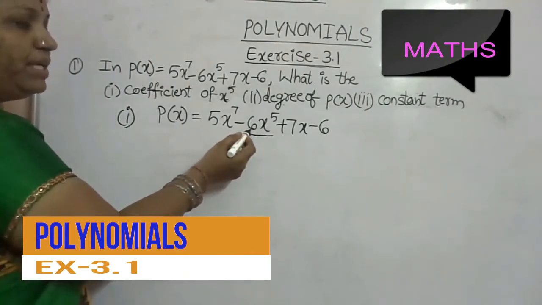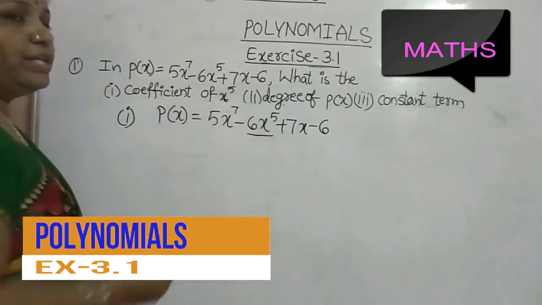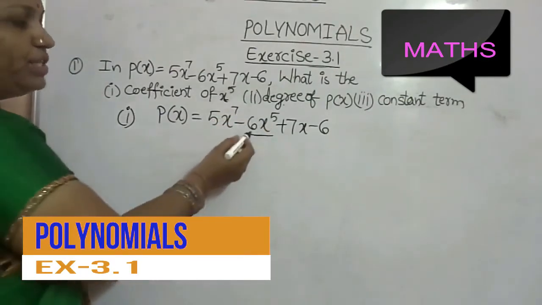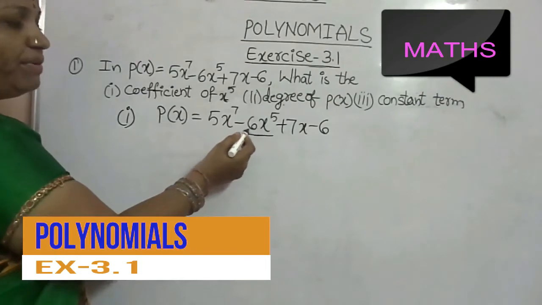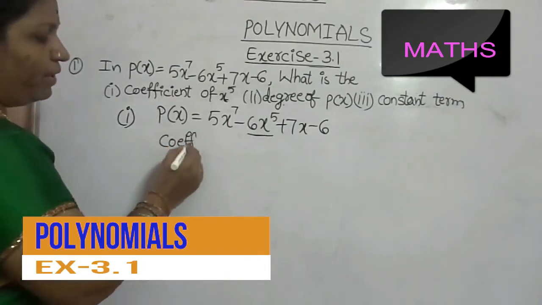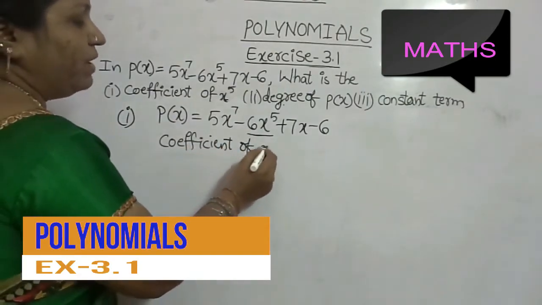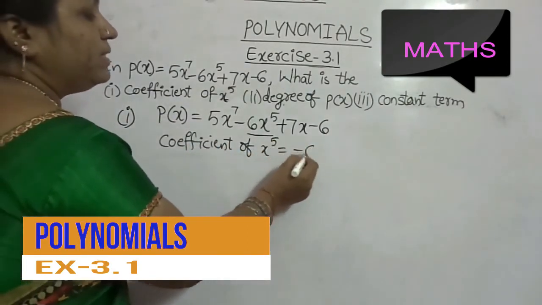Here coefficient means a number multiplied with that x to the power 5. So which number is multiplied with that x to the power 5? Minus 6. So coefficient of x to the power 5 is minus 6.